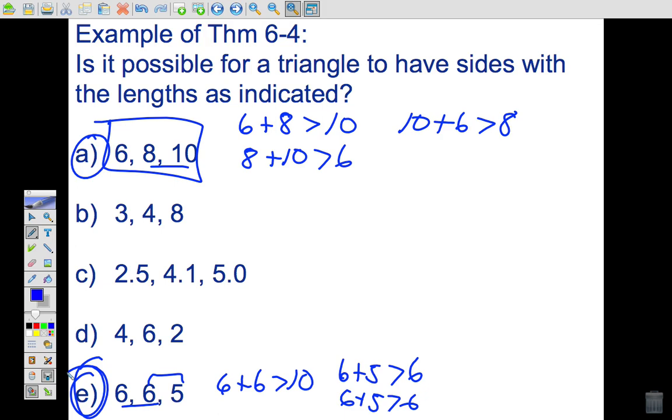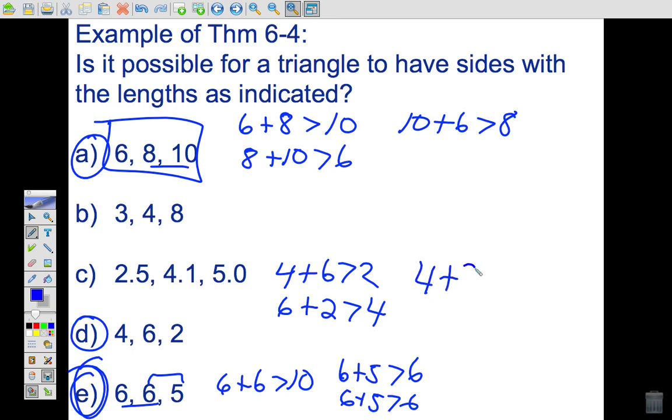I'm just trying to glance at some of these others. How about D? Let's see, 4 plus 6 is greater than 2, so that works. How about the 6 and the 2? Is 6 plus 2 greater than the 4? That works, right? How about the 4 plus 2? And here we go, 4 plus 2.